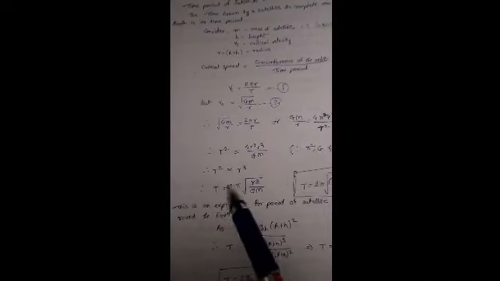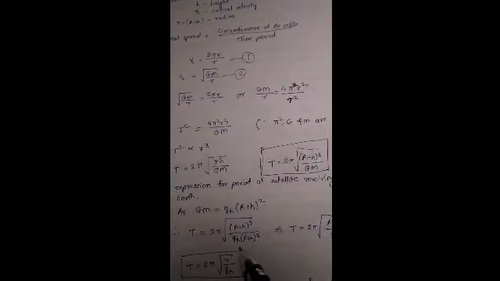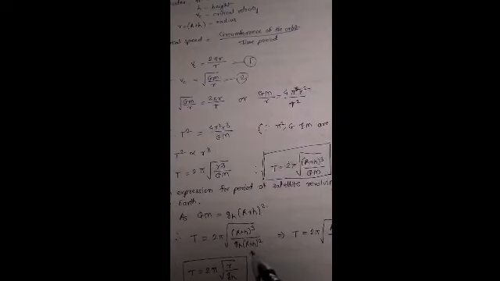The period of the satellite can also be obtained in terms of acceleration due to gravity. As GM is equal to g_h (R plus h) square, putting this value of GM, T is equal to 2 pi root of (R plus h) cube upon g_h (R plus h) square.